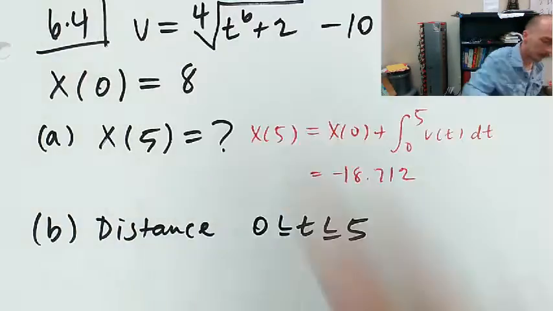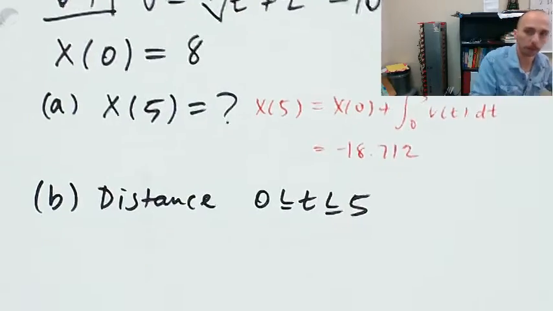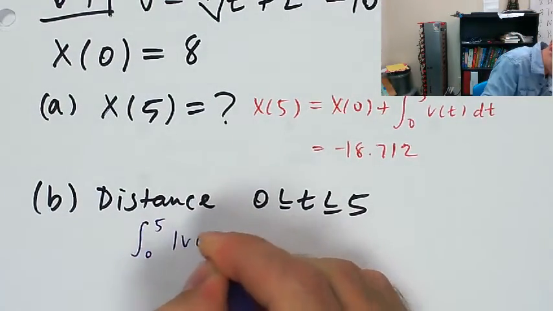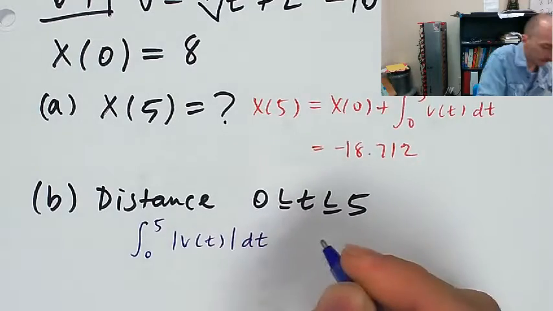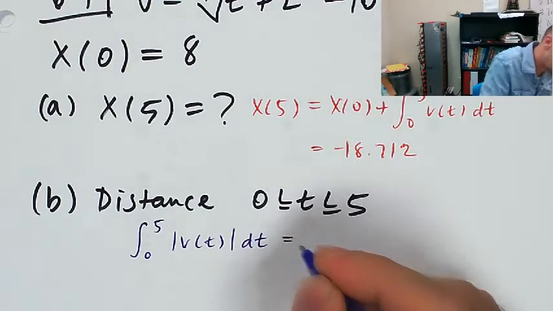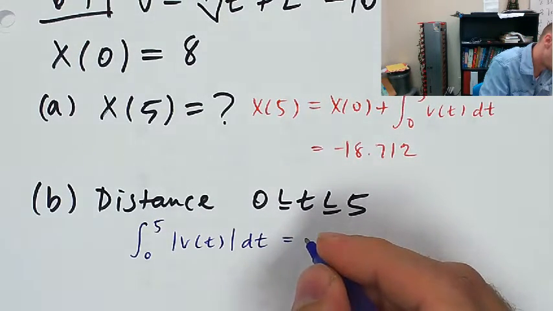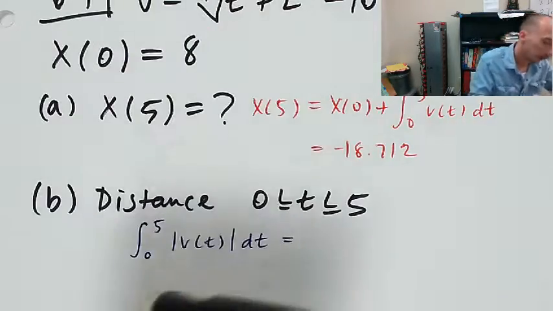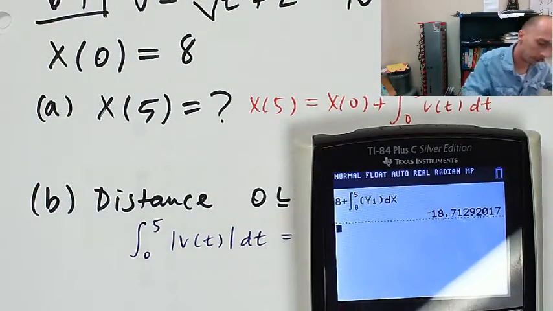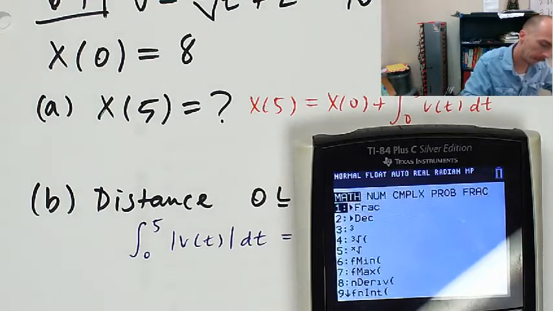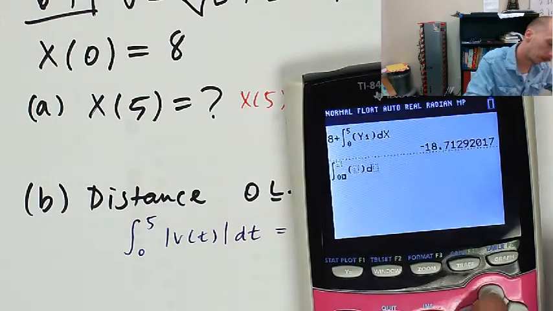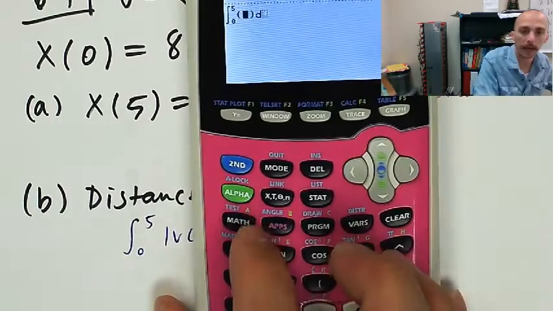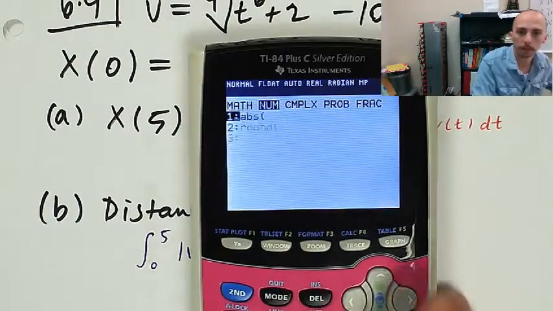Pardon me. And then for the total distance traveled, I need to set up an integral for that one. That will be the integral from 0 to 5 of the absolute value of v of t. And that will be equal to, I can't compute that by hand. I need to go over here. And I'm going to integrate math 9 from 0 to 5 of absolute value I get by pressing math and scrolling to the right by 1.